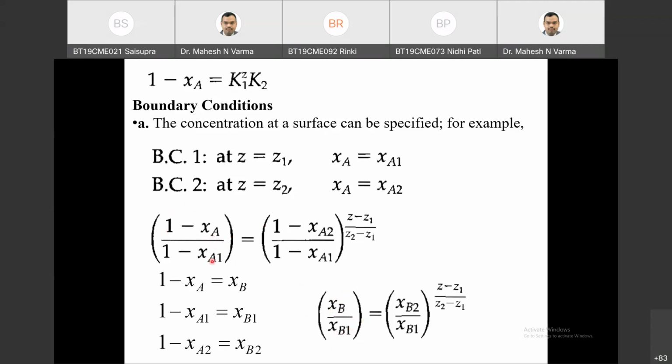So instead of writing this complicated form, we can write XB divided by XB1 equals XB2 divided by XB1 to the power of (Z minus Z1) over (Z2 minus Z1). This is also a concentration profile for B, and using it I can get the profile for A, because for a binary system it is very easy. These are related because XA plus XB equals 1.